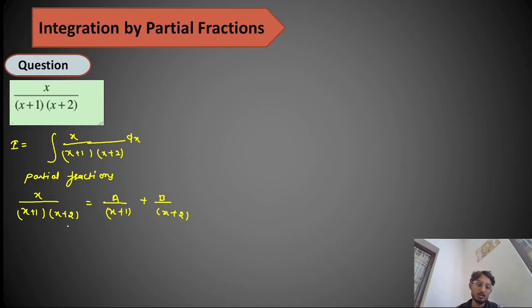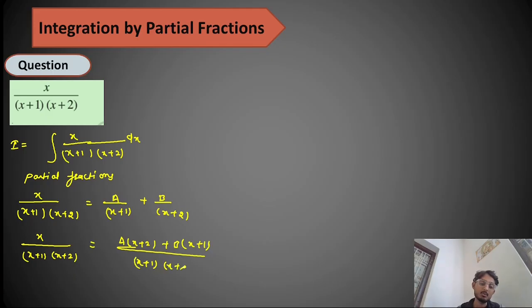So when we solve this term, you will get x upon x plus 1 x plus 2 equal to a into x plus 2 plus b into x plus 1 upon x plus 1 x plus 2.